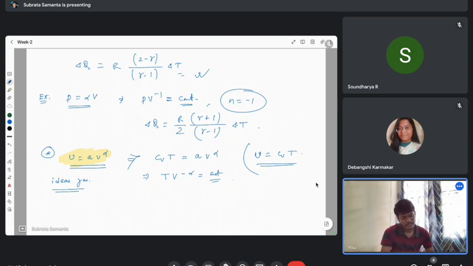This is right. Or if you know that the U is proportional to temperature, some constant. So U is actually, what is that? 3 by 2 RT, right? For monatomic gas. So you know this. So U is proportional to temperature only for ideal gas.